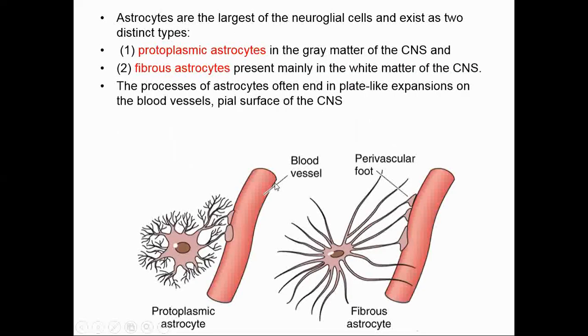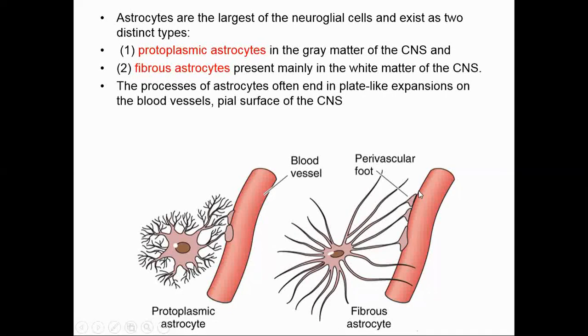There are two types of astrocytes: protoplasmic astrocytes, which are seen in the gray matter mainly of the central nervous system, and fibrous astrocytes, they are seen in the white matter. Both of them have a lot of processes, and these processes reach near the blood vessels and also the pial surface of the brain.